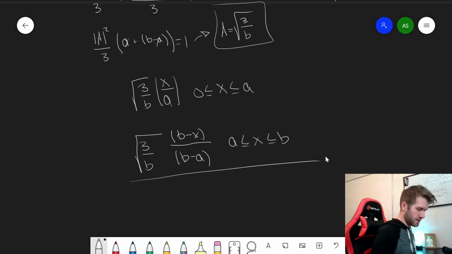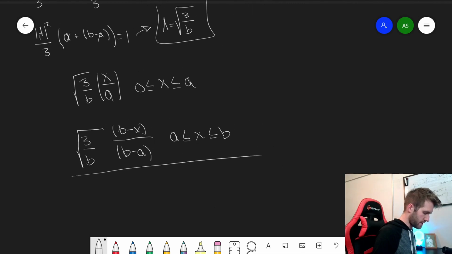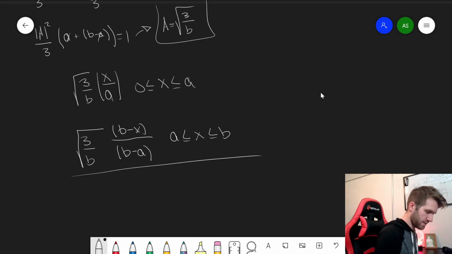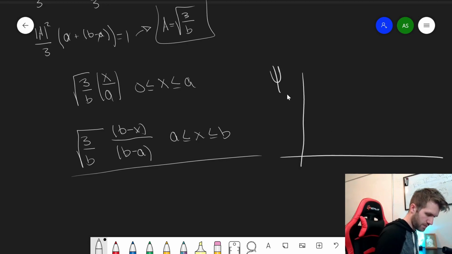And we can now sketch this out. Alright, so what does this look like? So we're going to have some wave function, and our domain is going to be x. So some wave function as a function of x, where we have a and b somewhere along this line. So we're going to have a and b. And what we'll see here is that the wave function gradually increases up until the point that it hits A. Okay?